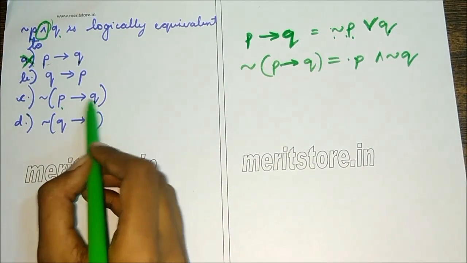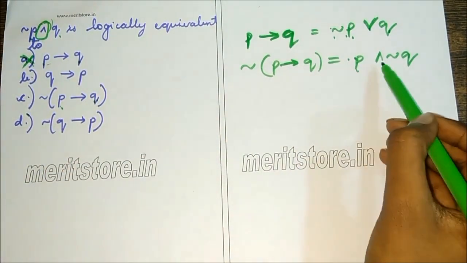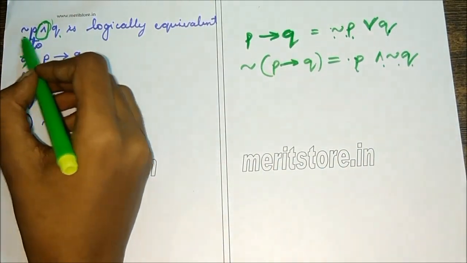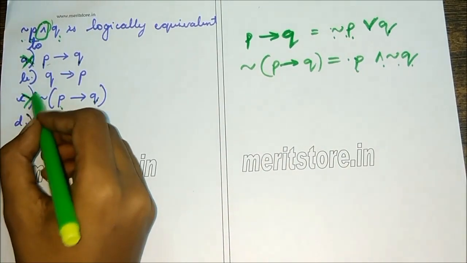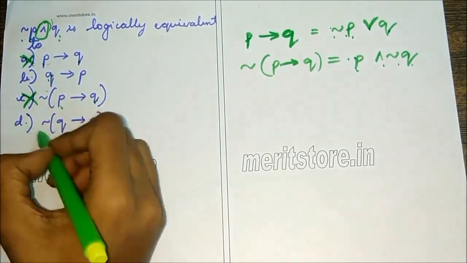Similarly, negation of P implies Q is P and negation Q, but here it is negation P and Q, so this is also wrong.